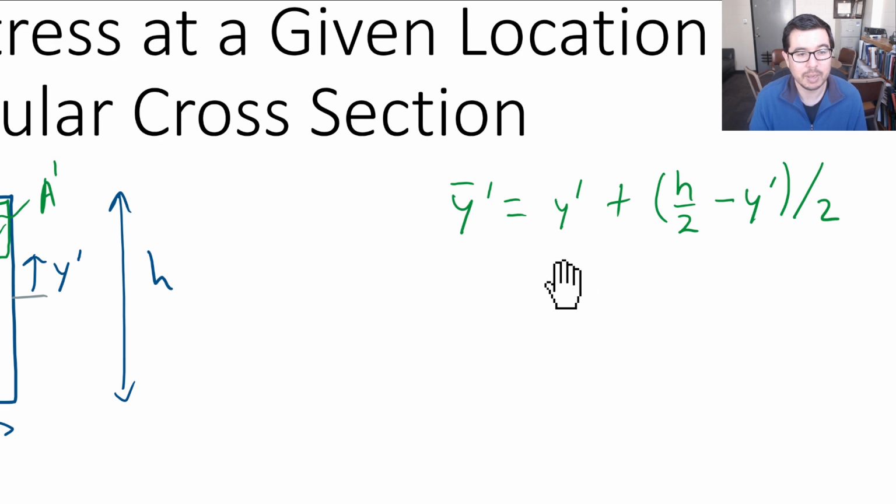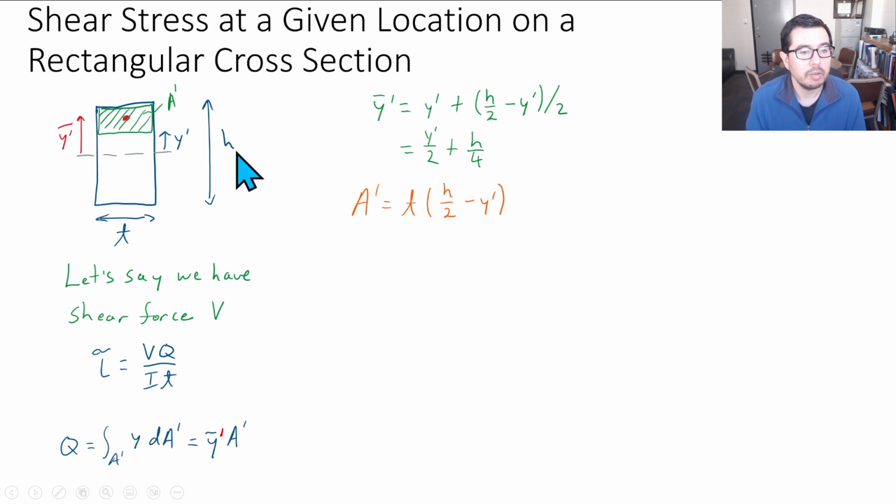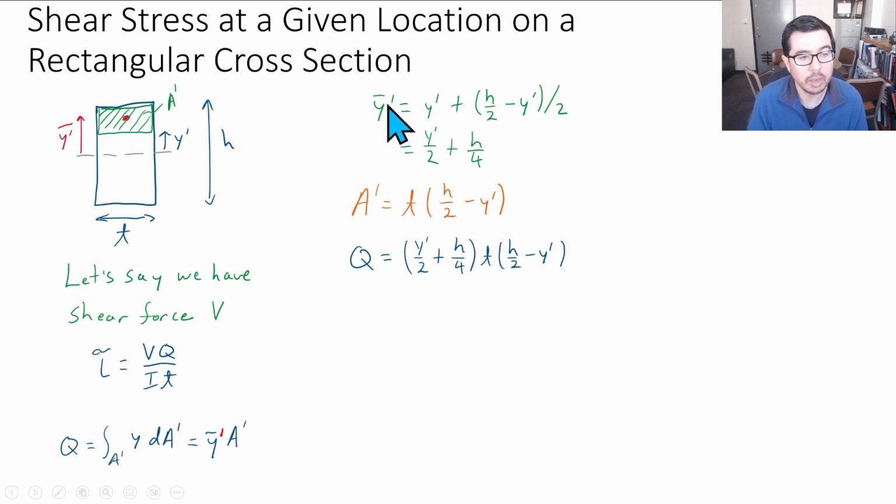I understand this is a little bit complicated, and we can then write that y bar prime is equal to y prime over 2 plus h over 4. What's the area A prime? We just discussed that h over 2 minus y prime is the height of the A prime, and t is the width of the A prime. So we now know what A prime is. So Q can be calculated by having y bar prime times A prime.